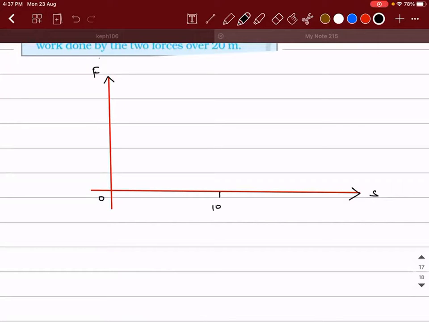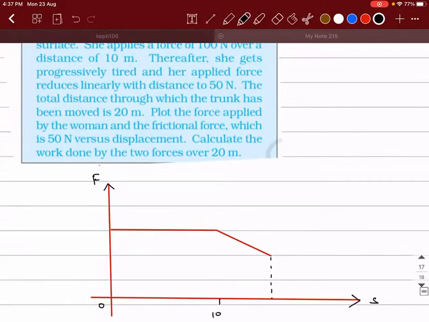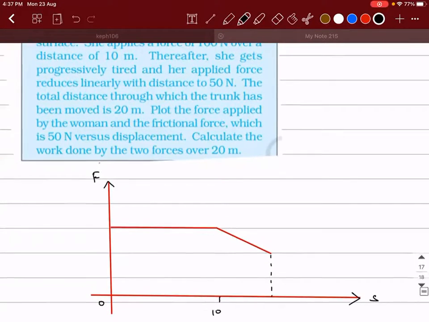Till 10 meters, how much is the force she was applying? 100 Newton. After that, she got tired and gradually let the force down, till it reached a value of 50. That 50 is achieved after the total distance, 20 meters.